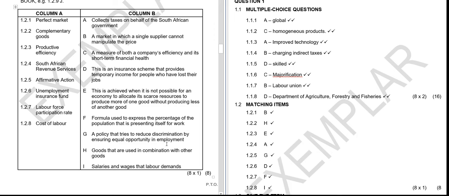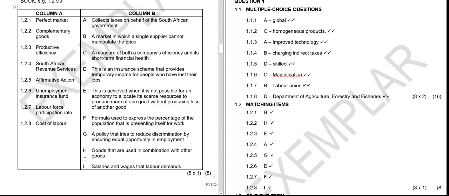Then we move on to the unemployment insurance fund, which is the UIF. So for UIF, we have got I, salaries and wages that labor demands. So we have I as the most appropriate explanation.